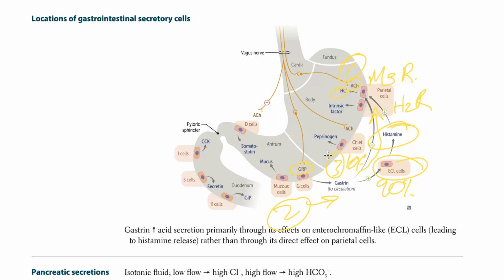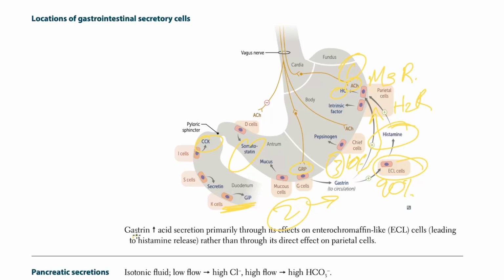What else here? Somatostatin is here at the antrum. You can look at the CCK at the duodenum, secretin here, and K cells secrete the GIP there.